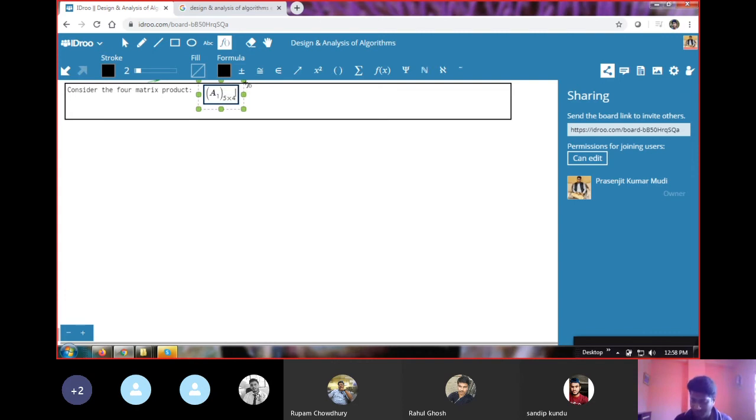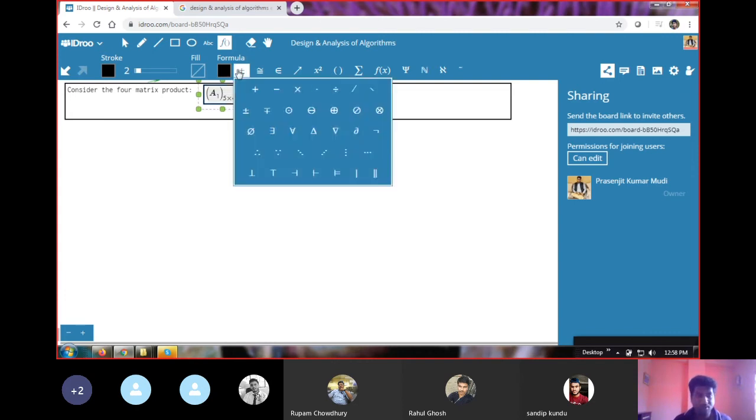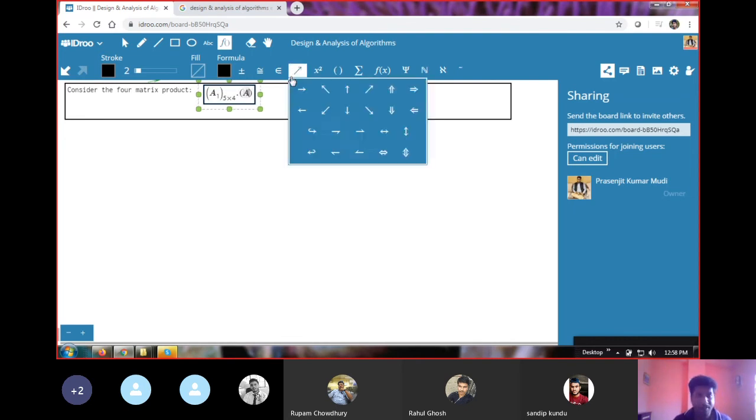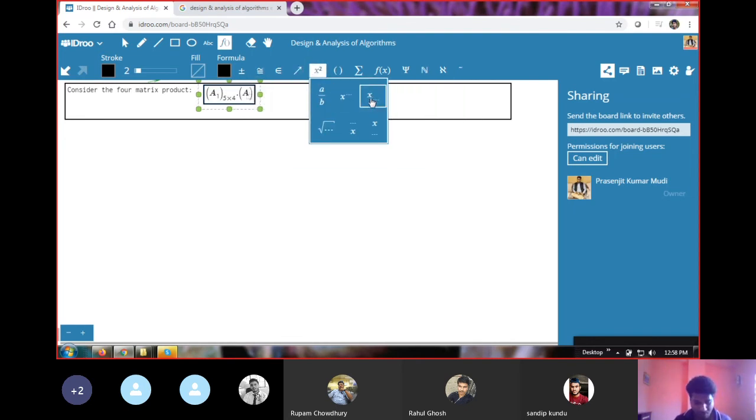Then A suffix 2, this is the second matrix, A2 matrix.